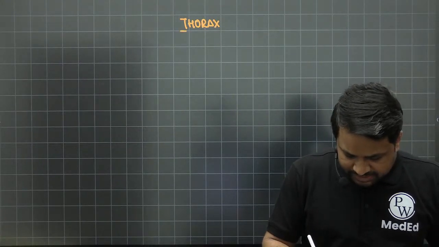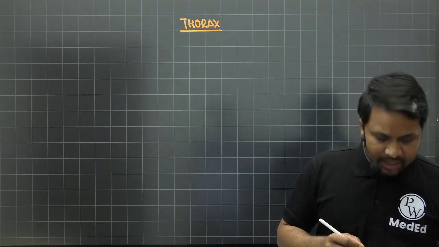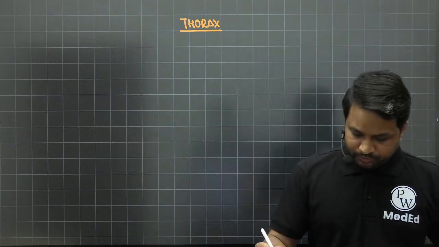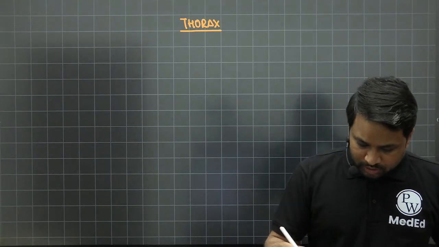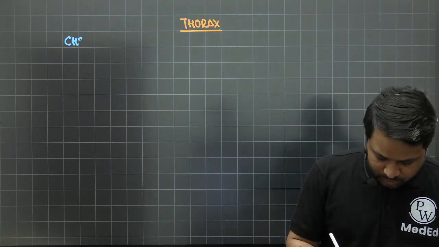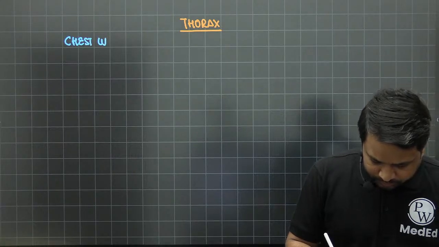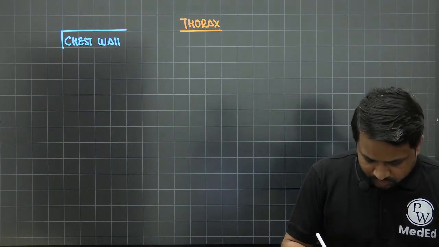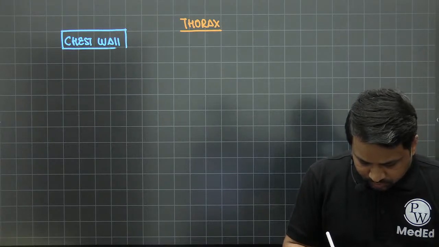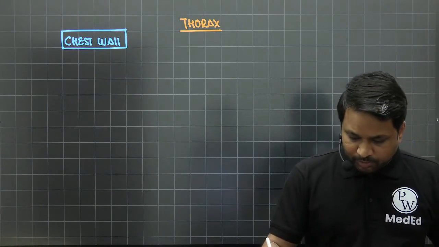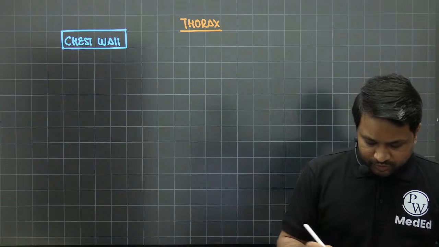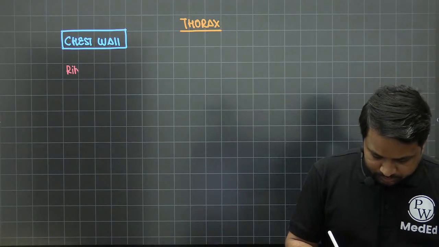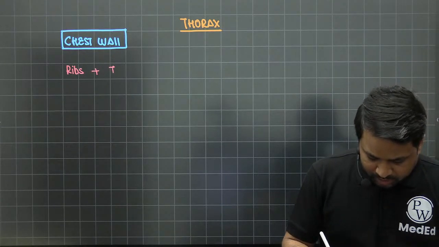And when we say the anatomy of the thorax, I would like to start with the anatomy of the chest wall. When we talk about the chest wall, predominantly it is made up of ribs. It will be formed with the intercostal muscle.